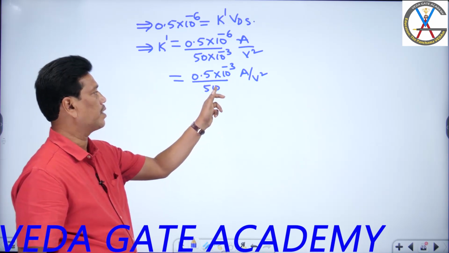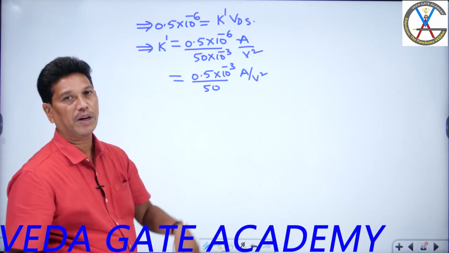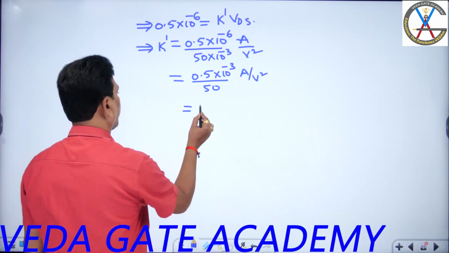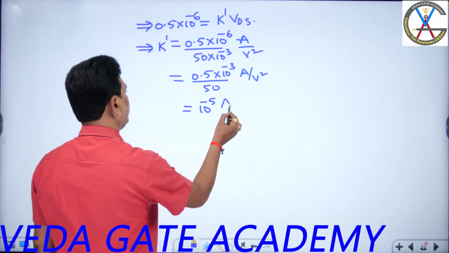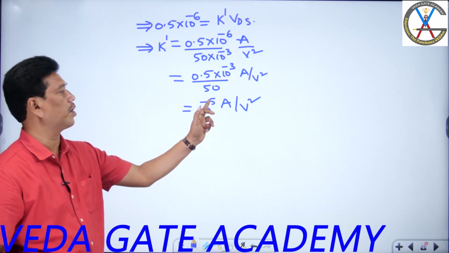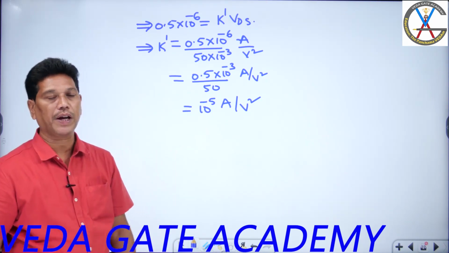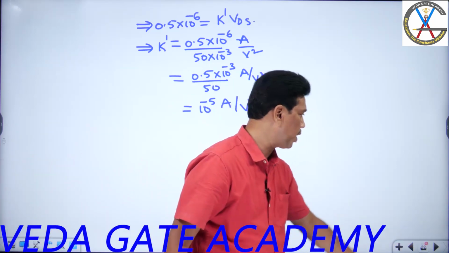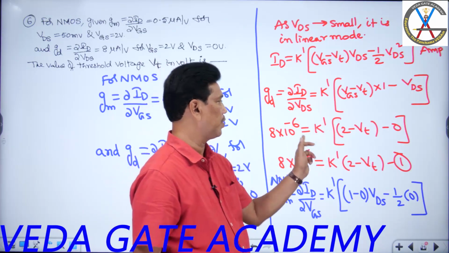So 0.5 cancelled, 10 square taken to the numerator becomes 10 power minus 2, total 10 power minus 5 ampere per volt square. So finally the transconductance parameter K dash equals 10 power minus 5 ampere per volt square.